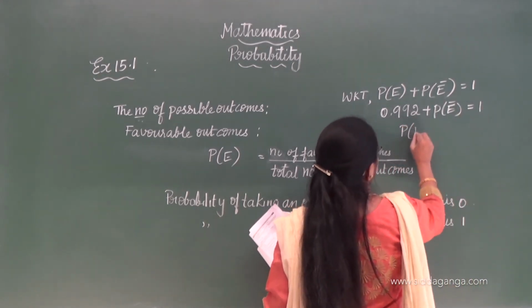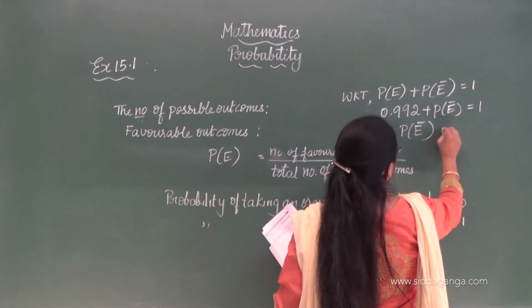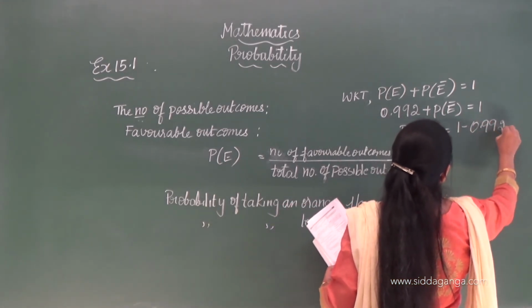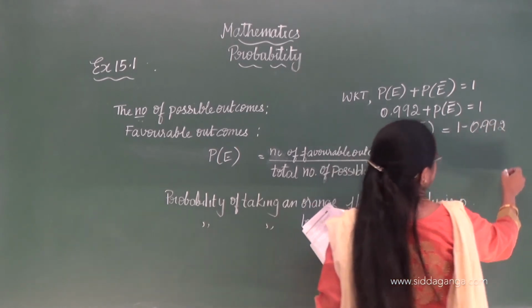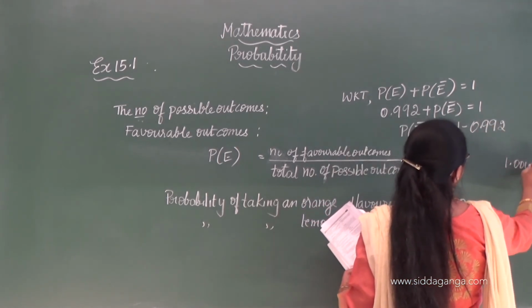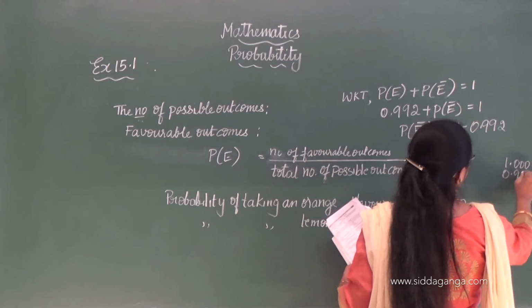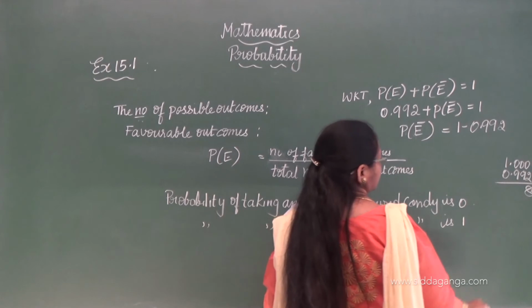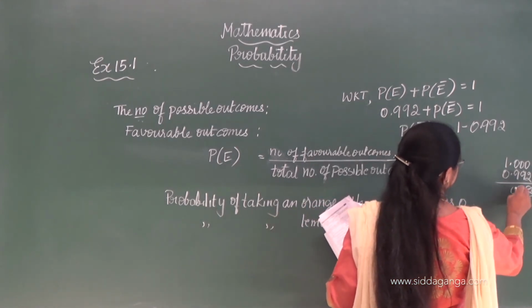Therefore, P of not E is 1.000 minus 0.992. How much will you get? 0.008.